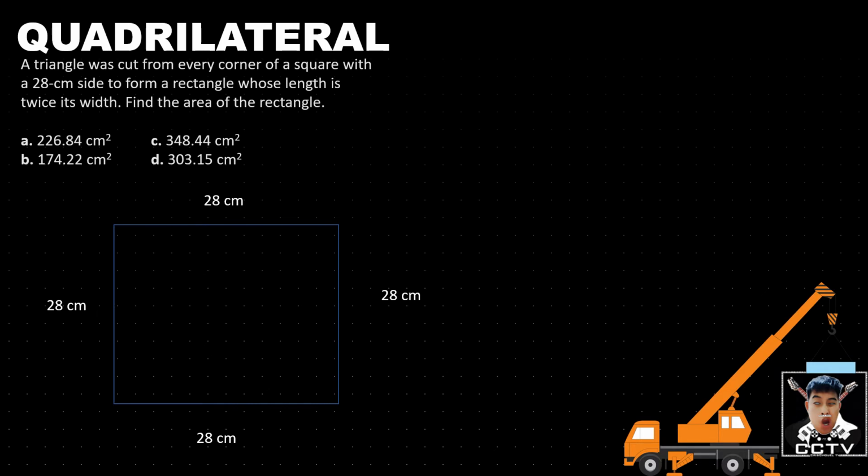Ito nga, 28 sila, yung square. And then, ang gusto is, a triangle was cut from every corner of a square. At ang pinang-cut daw natin is a rectangle.